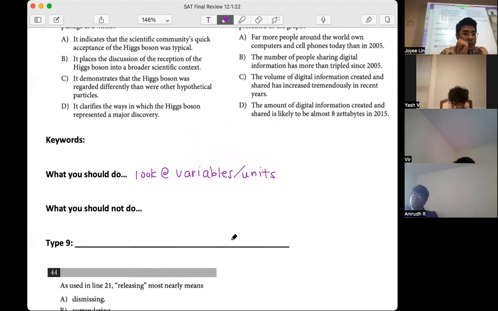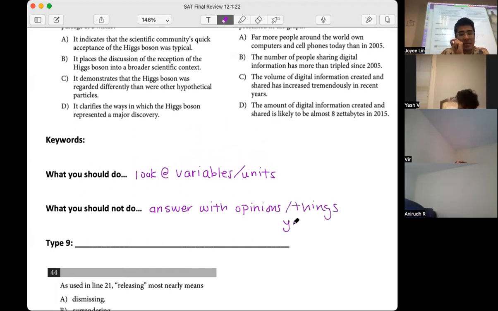What you should not do is answer with opinions or things you cannot measure. So certain things might be hard to measure. How important was it? How do you measure that?